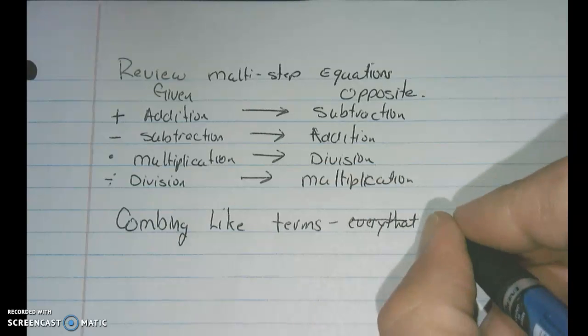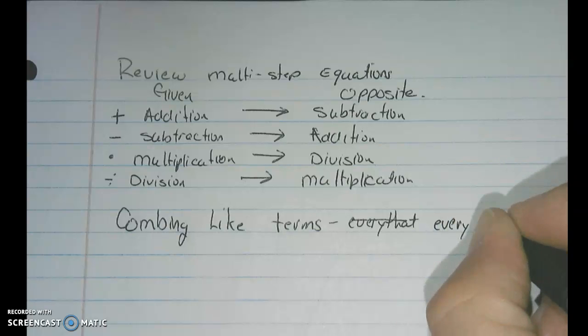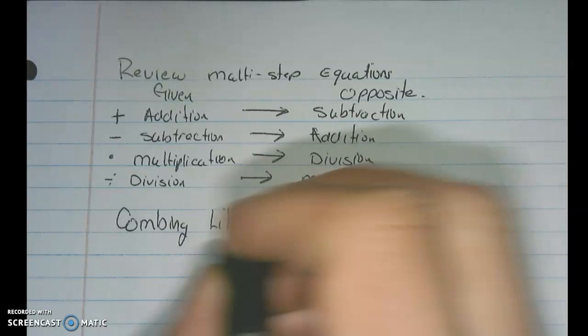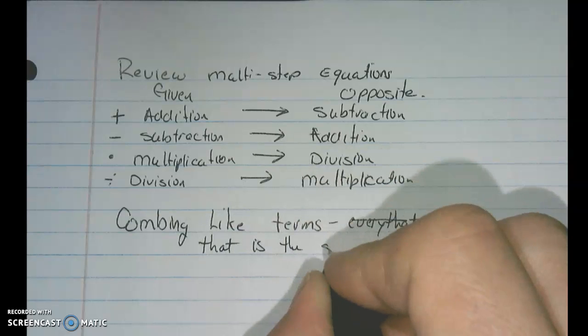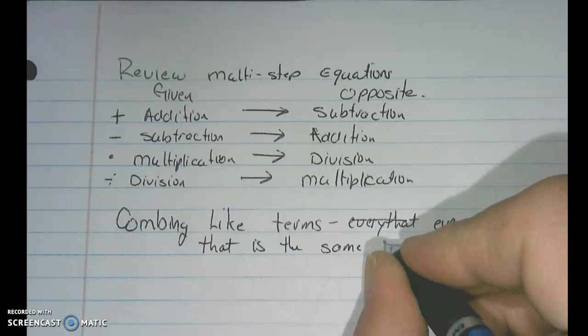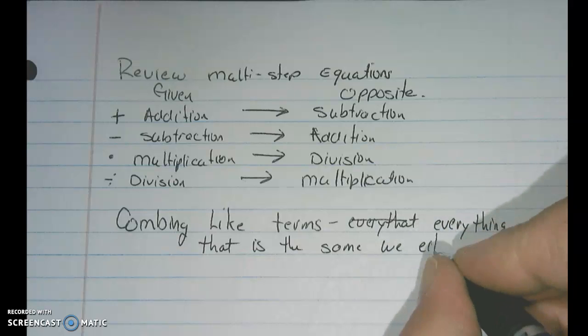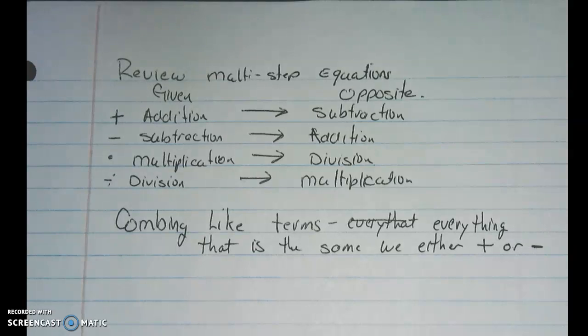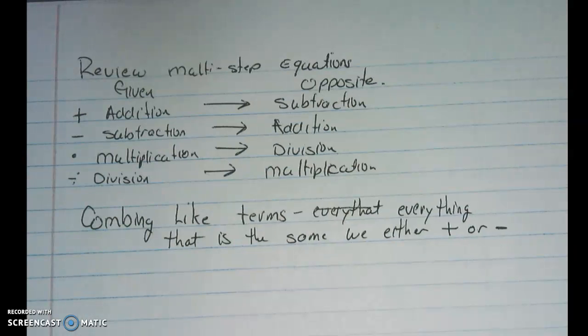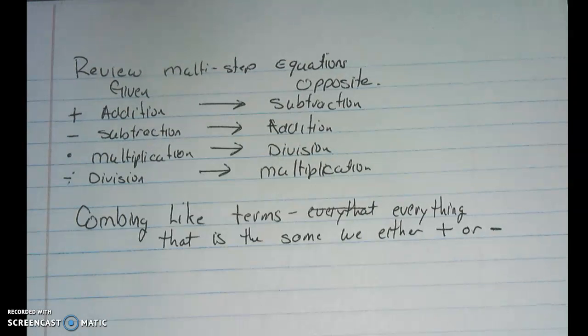Everything that is the same, we either add or subtract. Because when we're combining like terms, the options we're doing is either addition or subtraction. Okay? So that's kind of the neat part. So when I say combining like terms, all we're going to be doing is adding or subtracting.